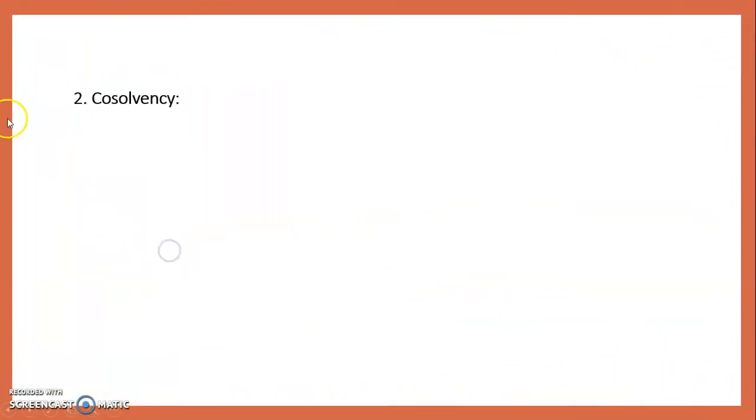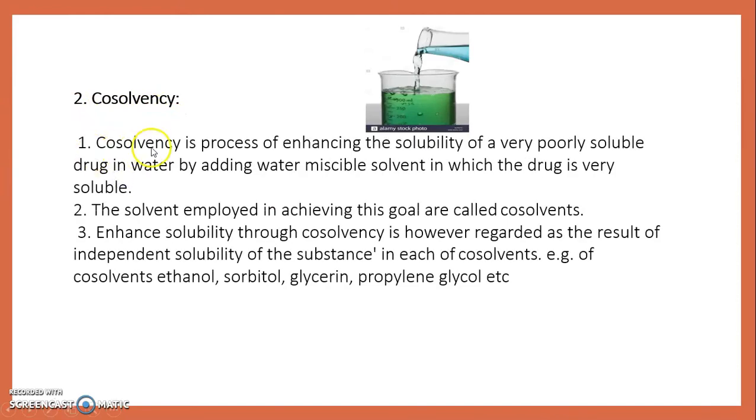The next method is co-solvency. Co-solvency is the process of enhancing the solubility of a very poorly soluble drug in water by adding a water-miscible solvent in which the drug is very soluble. The solvents employed in achieving this goal are called co-solvents.